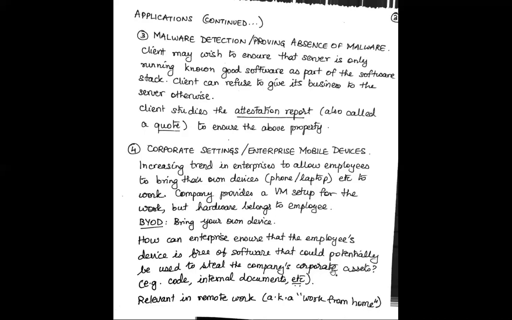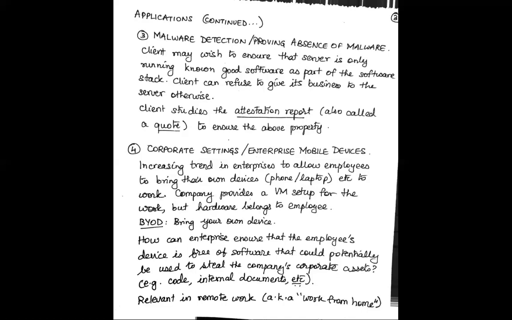Okay, which can include the company's code, the company's internal documents, trade secrets, and so on. Okay, so this particular setting you can see is extremely relevant to the times that we live in, right? It's relevant for remote work, or what is also called work from home nowadays.